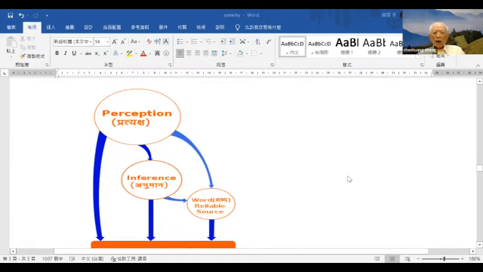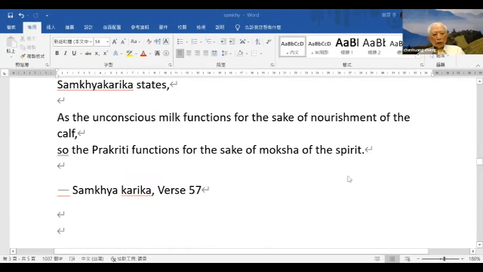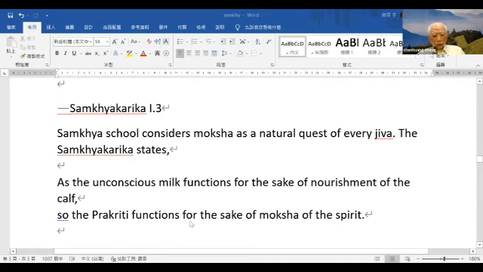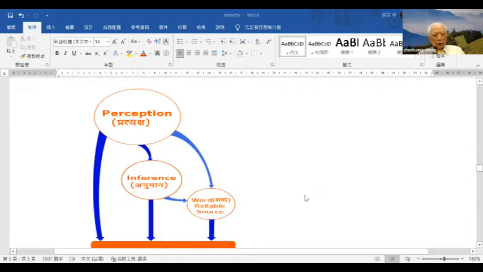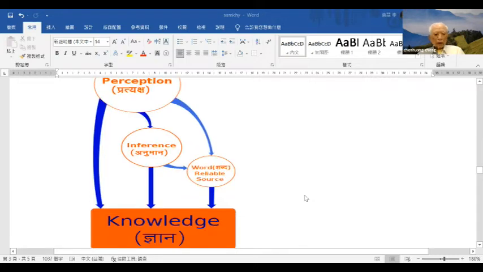Then how to attain liberation or to attain freedom? The freedom of the Purusha, no more control by the Prakriti, should be done through practice, and the practice should start from the right understanding.